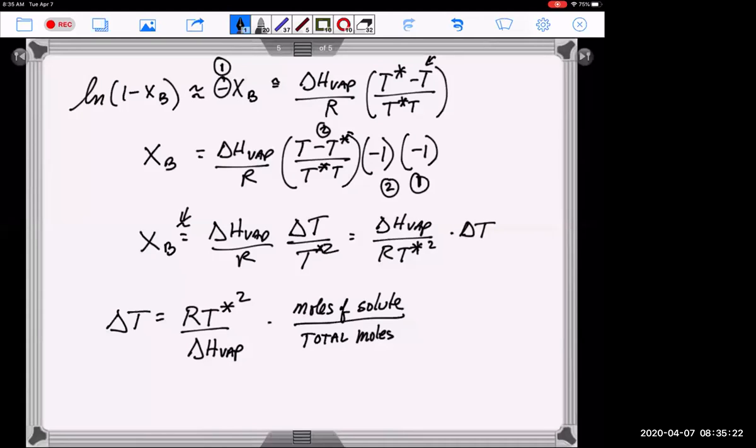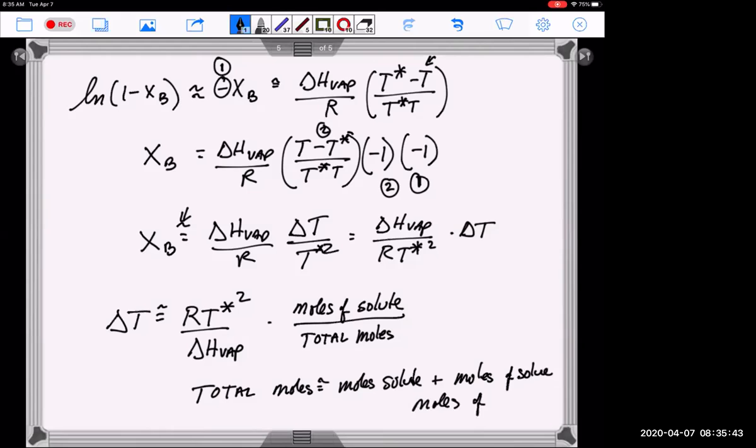But the total moles, again, we're still in our approximation phase. So the total moles is really moles of solute plus moles of solvent, which is again just moles of solvent. So this pretty much is 0 moles of solute. Even though it's there, that's what's causing this effect, but we can approximate it as 0.